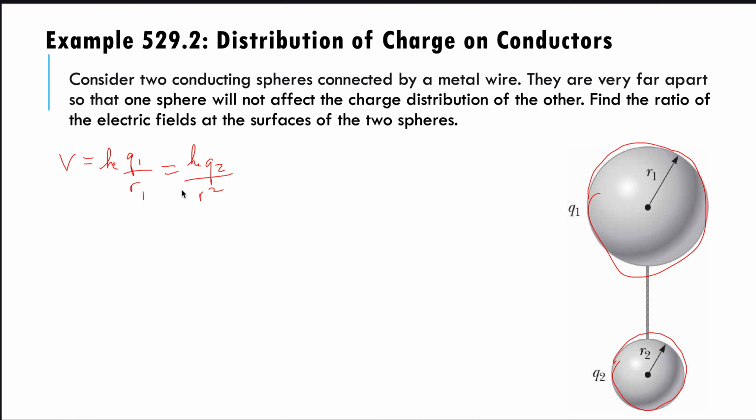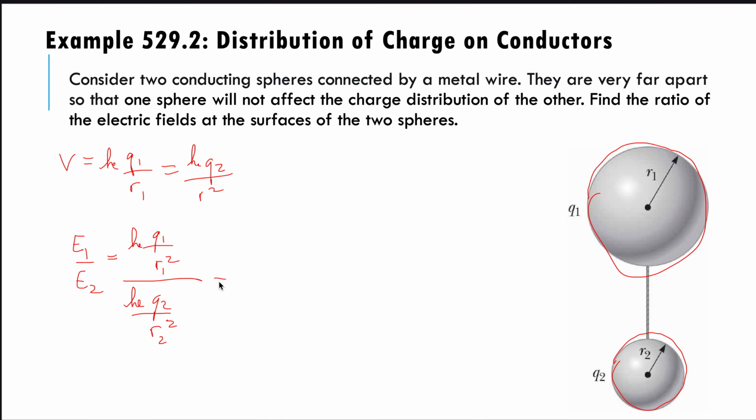Then we can take the ratio of the electric fields, E1 to E2. We know that the fields are given by k_e Q1 over R1 squared for the field at the surface of the top one, and then k_e Q2 over R2 squared for the bottom one.